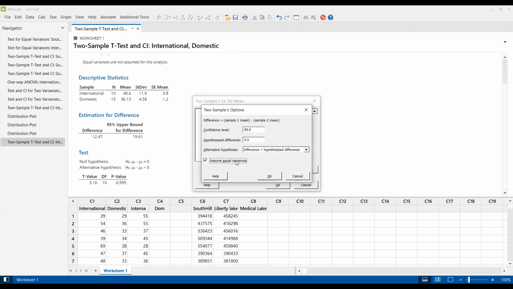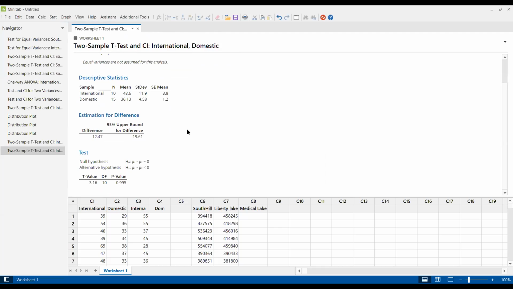So in assuming equal variance we were getting 3.7, but if you don't do this, then you get this value, which is correct. So this is the difference between assuming variance equal and not. You have to test before doing the hypothesis test whether the variance is equal or unequal. So the correct answer is this.